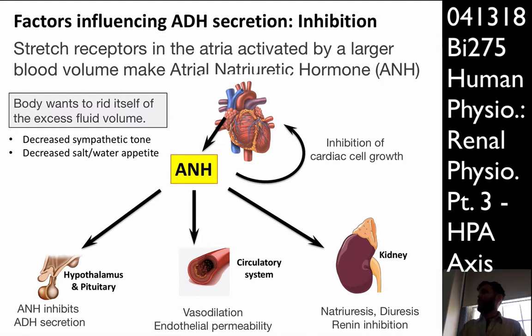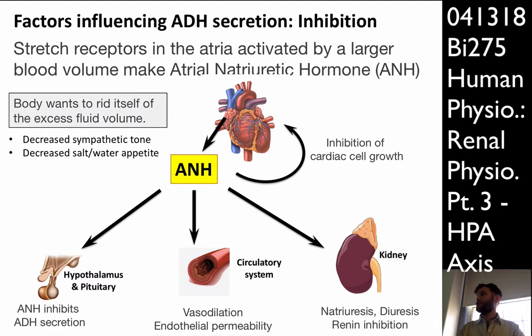Anyways, there are multiple effects of this ANH, and it has a direct effect on the hypothalamus and the pituitary. So it's going to stop ADH secretion. It's going to downregulate the cells in the paraventricular nucleus of the hypothalamus.